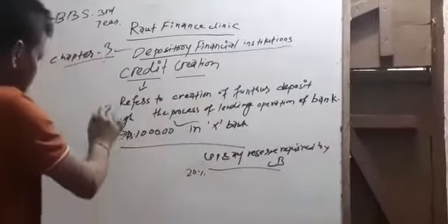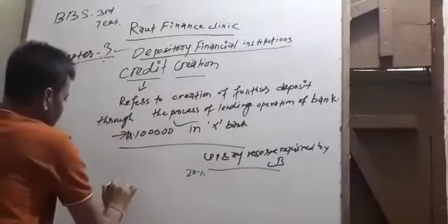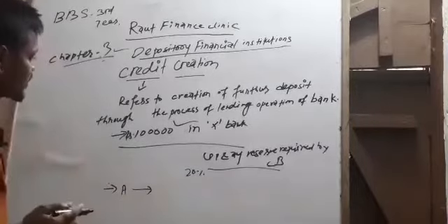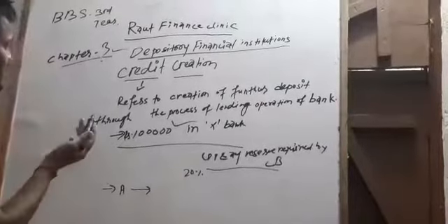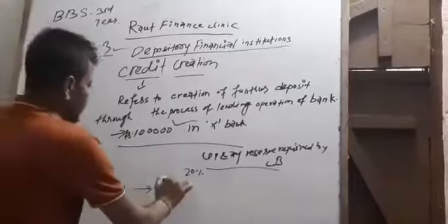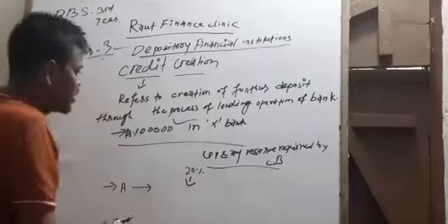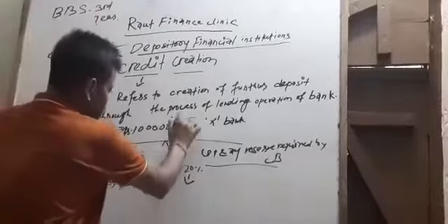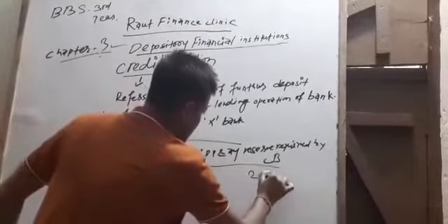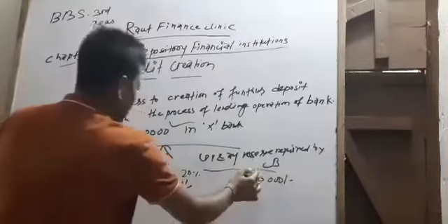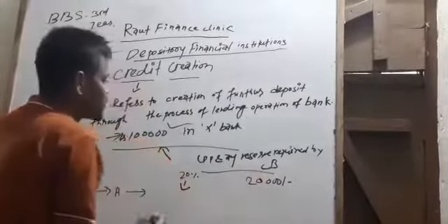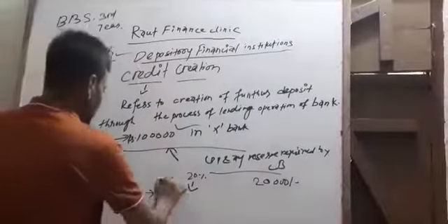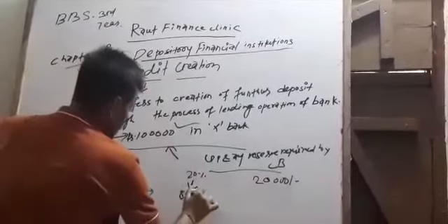So Mr. A goes for a loan in the bank, then how does the bank create credit in the system? What can the bank do? It is mandatory to reserve and keep aside 20% of the 1 lakh, so it will keep 20,000 with itself, or some of the fund will be transferred to the central bank, then 80,000 it will lend.